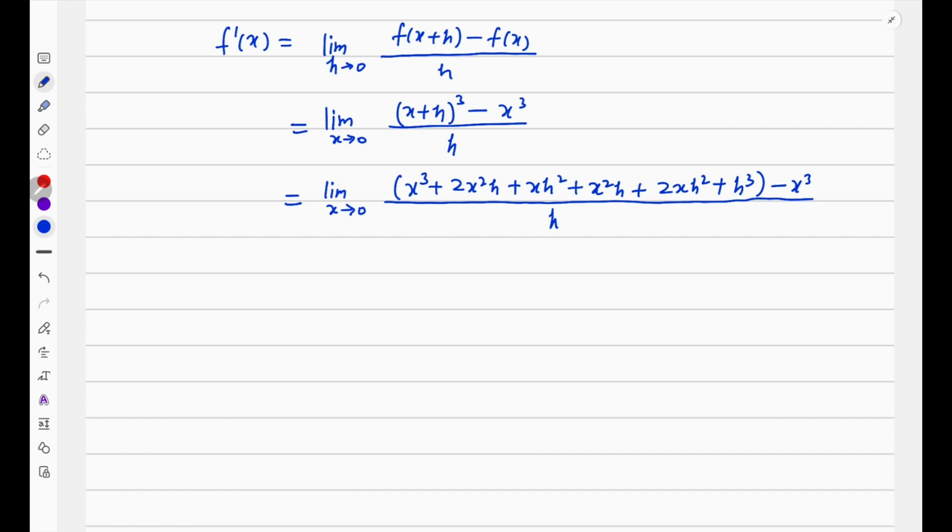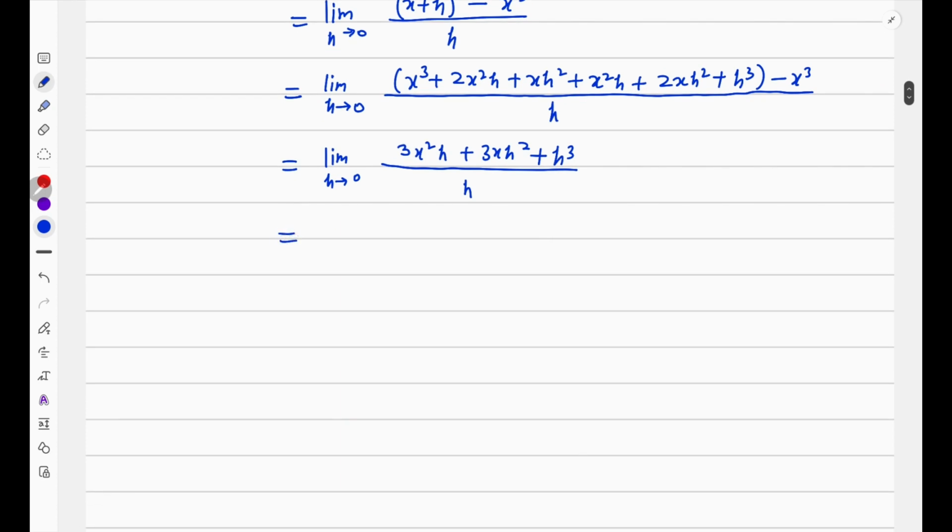If we simplify this expression, with h approaching 0, we get 3x square h plus 3xh square plus h cube over h.